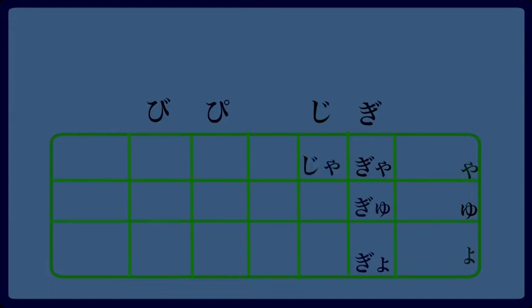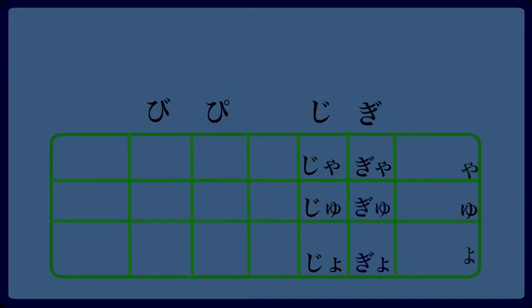With the j sound, once again we lose that y sound because ji with a little ya actually just becomes ja. Ji with the little yu sound becomes ju. And ji with the little yo is simply jo.